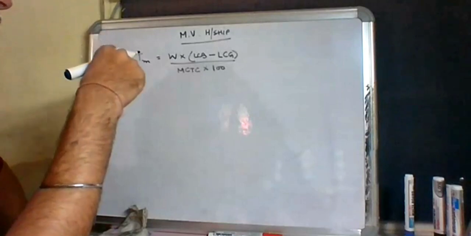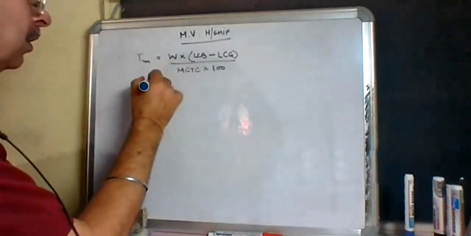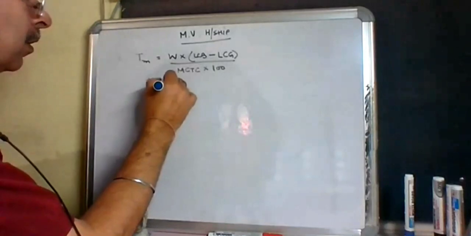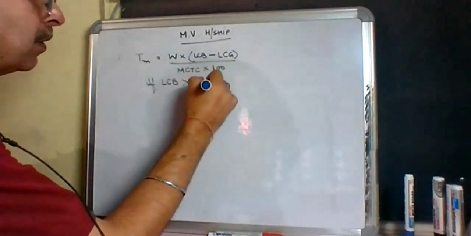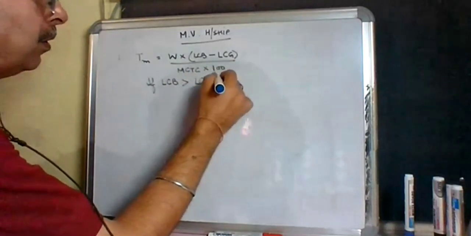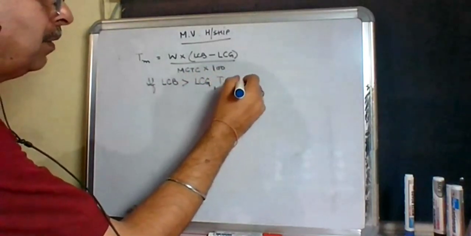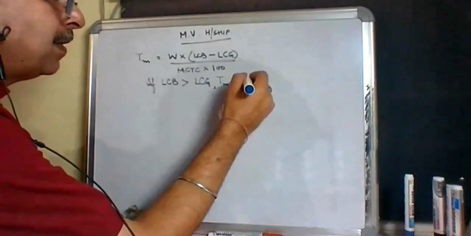So if LCB is greater than LCG, trim will be greater than 0.